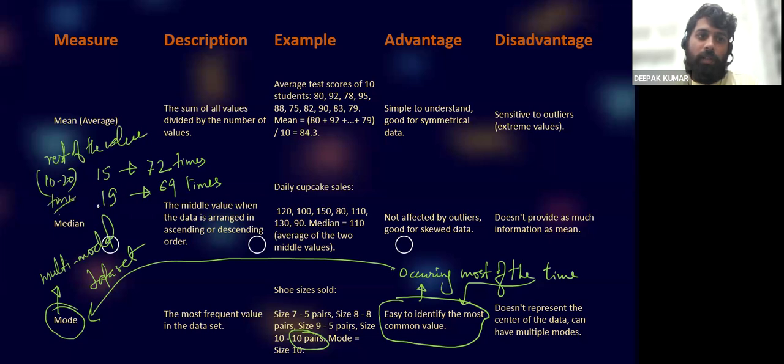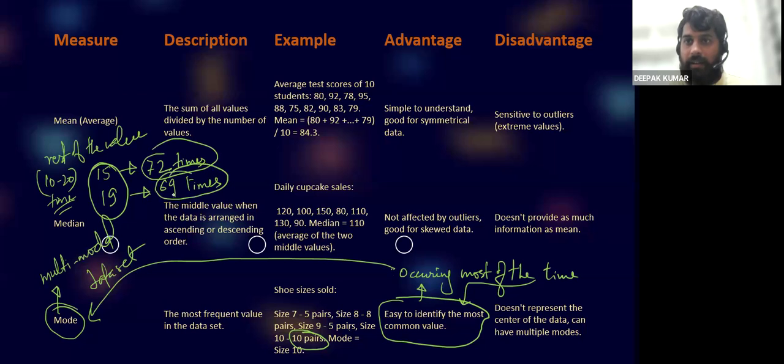Can you see? Both of these values in any data set have very high frequency, very high occurrence rate. So that doesn't mean that you have only one mode. You have two modes. This is the first mode, this is the second mode, and vice versa.